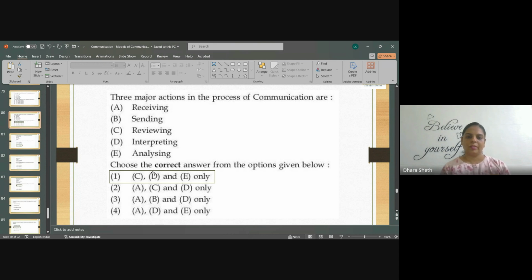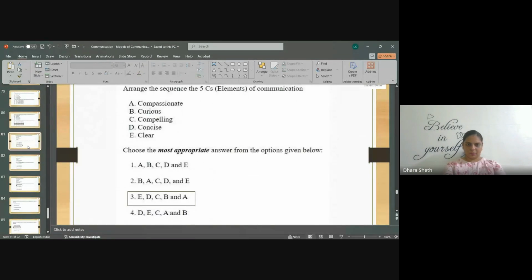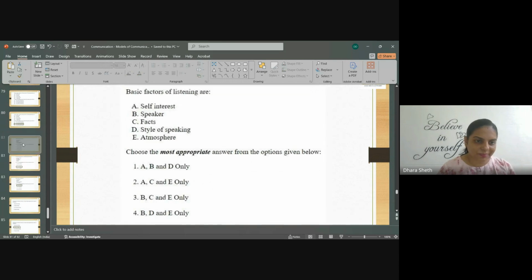Okay, there's something wrong somewhere. The answer is actually 3: receiving, sending, and interpreting. Sorry, the sequence of the slides was wrong.